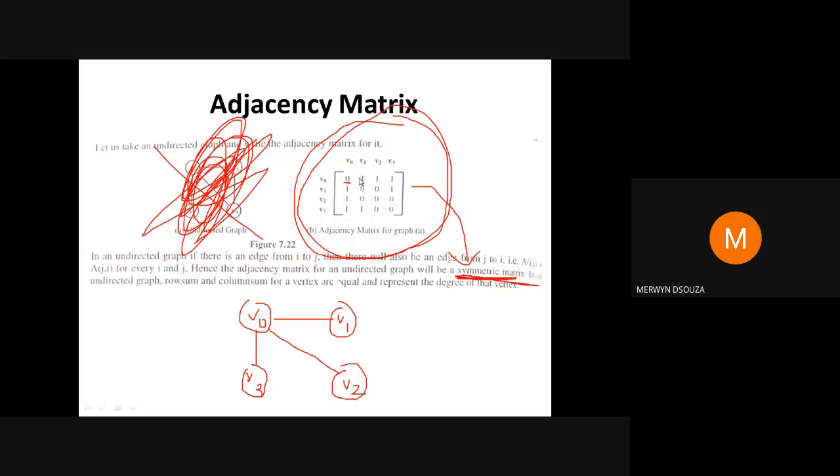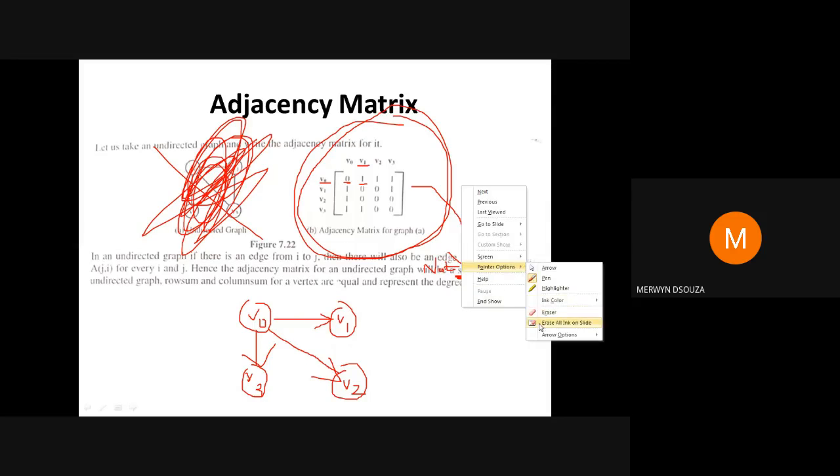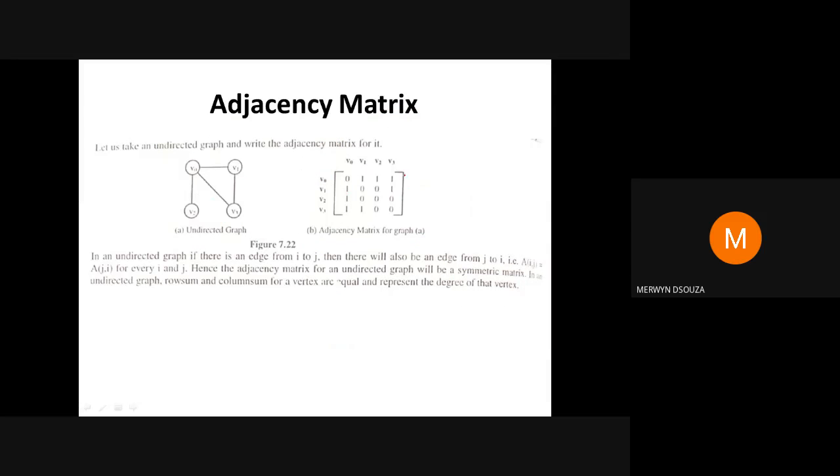Suppose this was not symmetric: then the entry from V0 to V1 means there should be an arrow from V0 to V1, V0 to V2 means an arrow, V0 to V3 means an arrow. Then you put directions. So you could be told to draw a graph given this matrix. I hope you understood, it's not difficult.